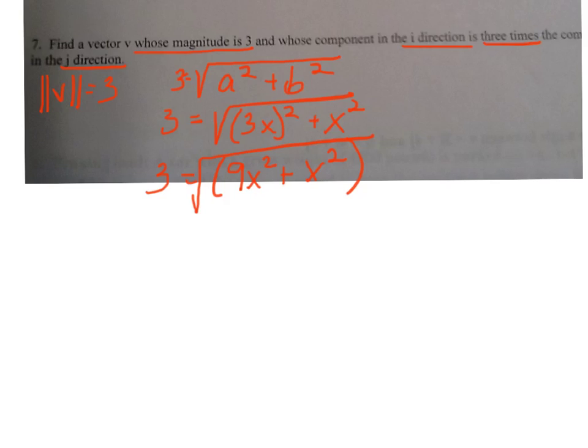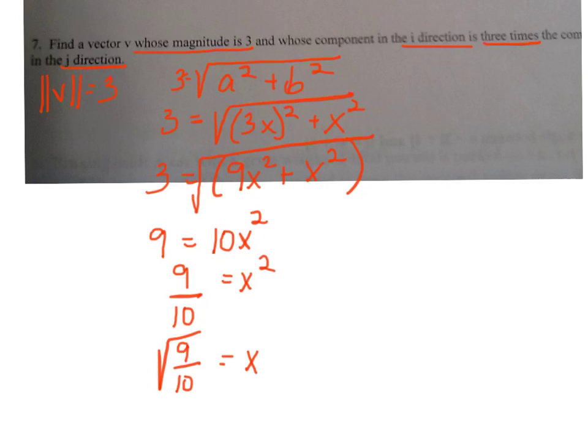I'm going to go ahead and square both sides here, so I get 9 on this side now, and I have 10x squared left here. So what I get is x squared equals 9 over 10. Okay, and x would then be, it's going to look funny, but root 9/10, which is 3 over root 10, which is 3 root 10 over 10.